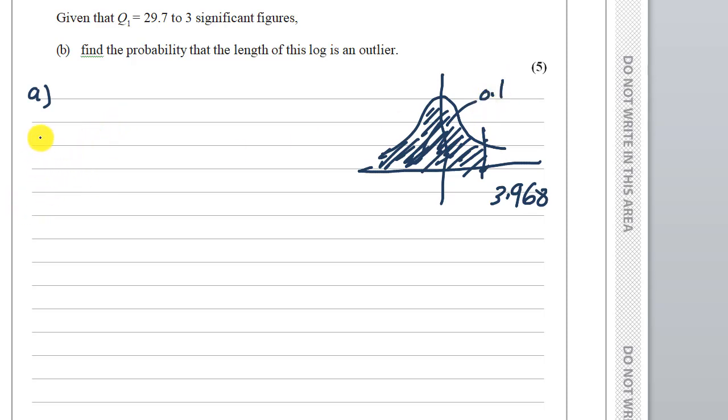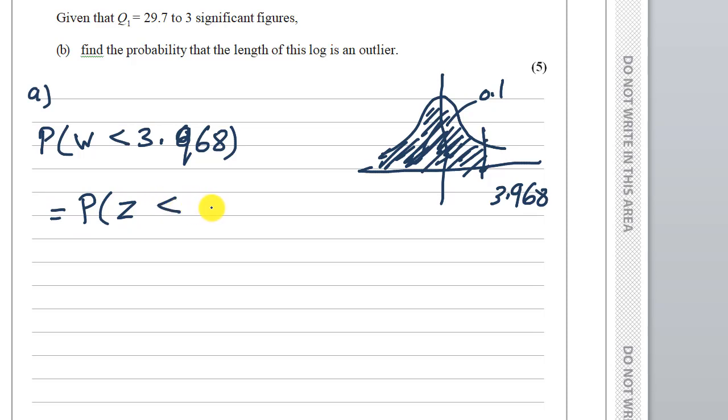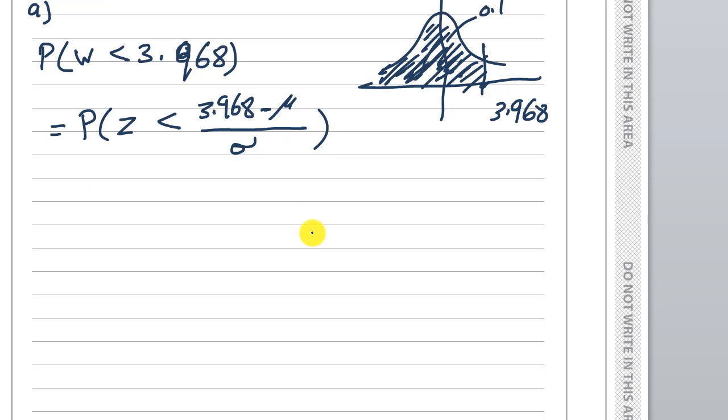So probability of W less than 3.968 is equal to probability Z is less than 3.968 minus mean divided by sigma, which is the standard deviation. This probability is equal to 0.1.